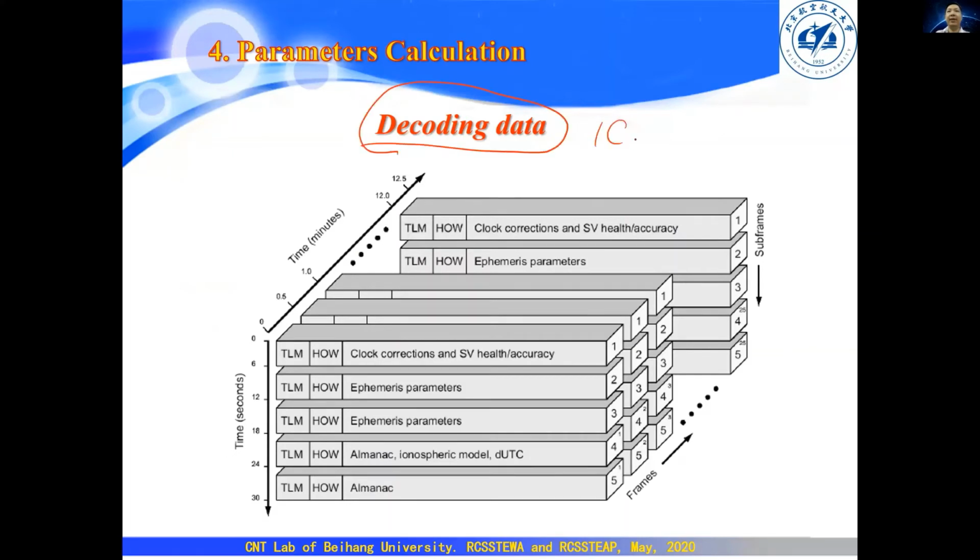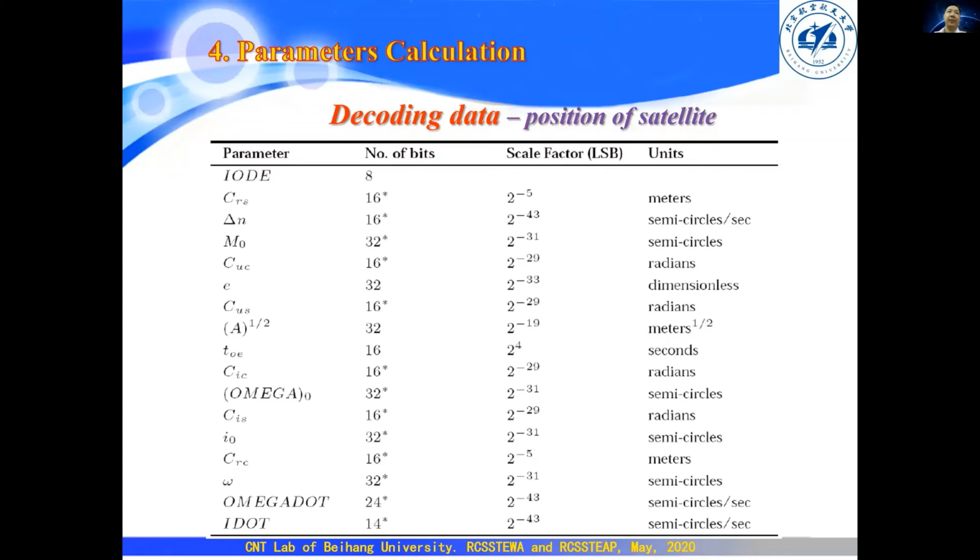For GPS, you can get the ICD, the interface control document, and for GPS you can find ICD 200. This is the document describing what each bit means. Here you can decode all the Keplerian parameters I mentioned before, for example the time, the eccentricity, the inclination, the argument of perigee, the semi-major axis, and so on.